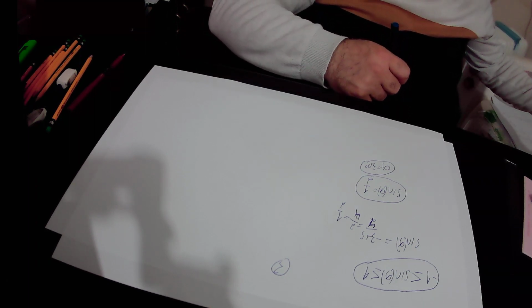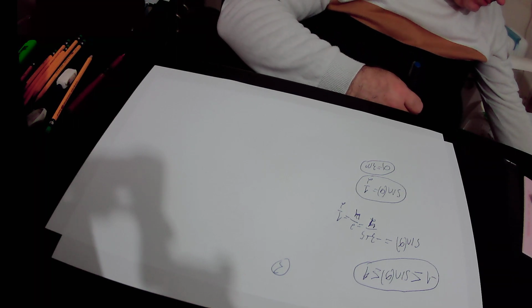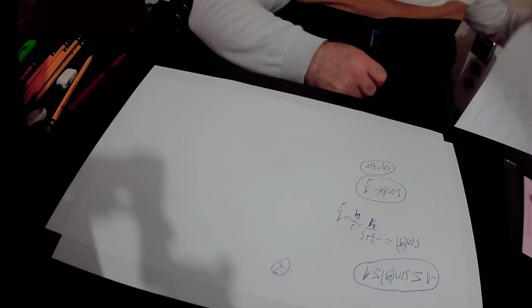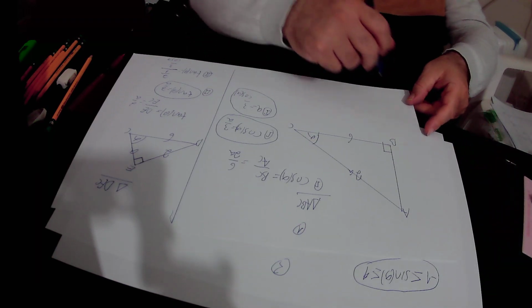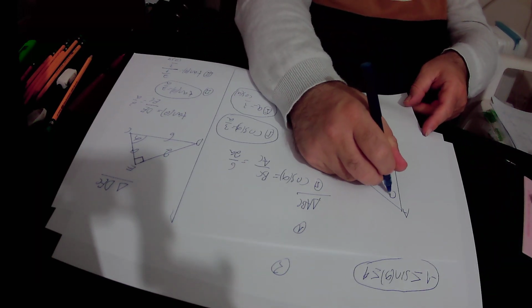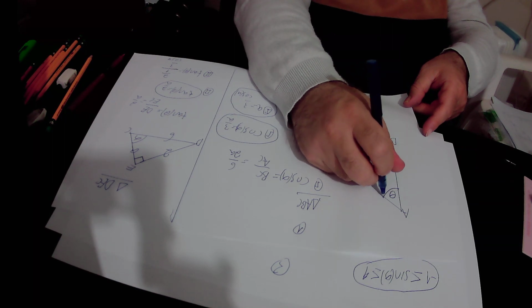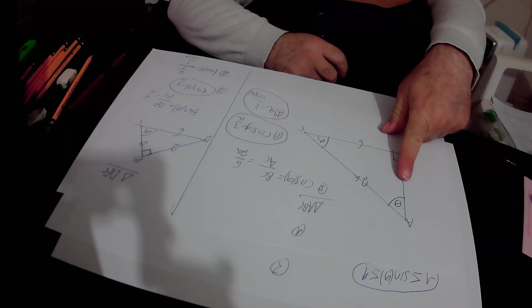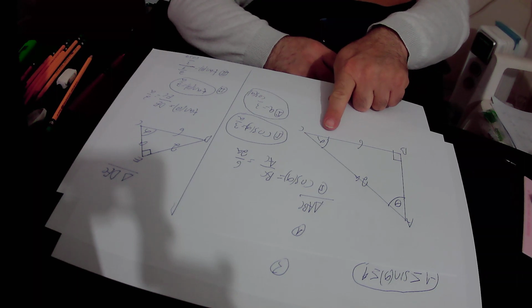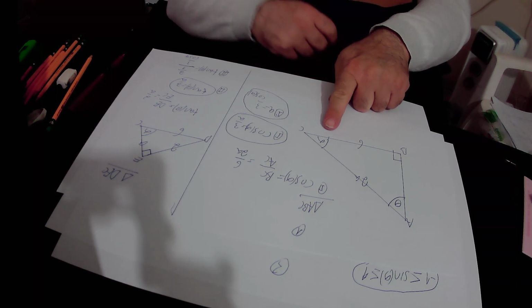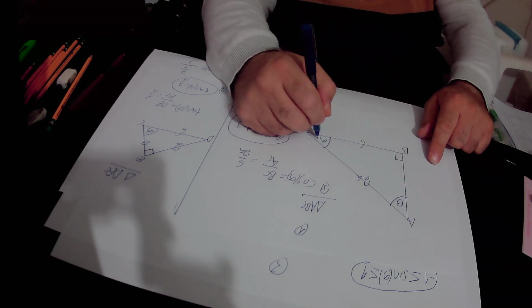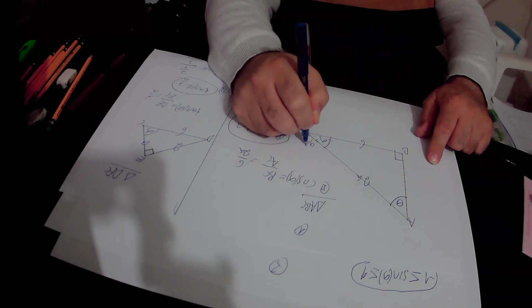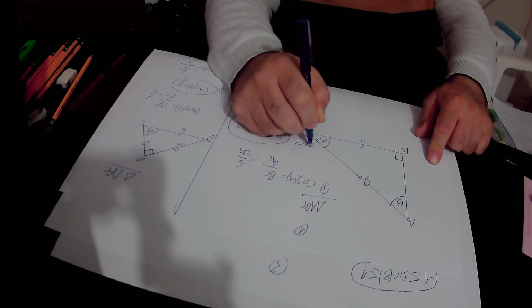Here we have this angle theta, the angle that we are looking for. You can see from it that if this angle equals theta, then this angle equals 90 degrees minus theta.